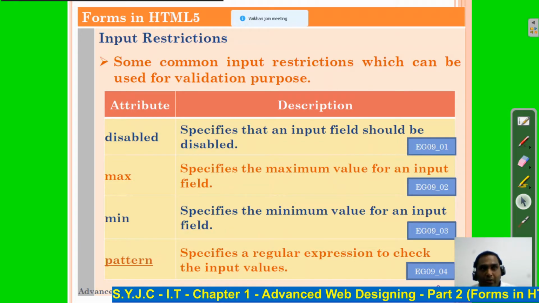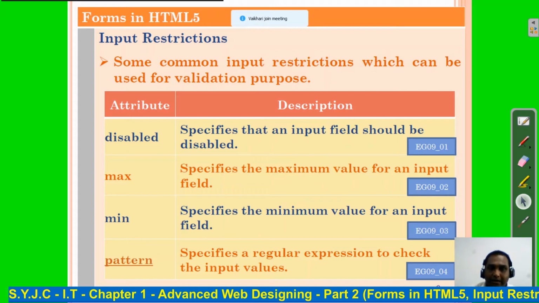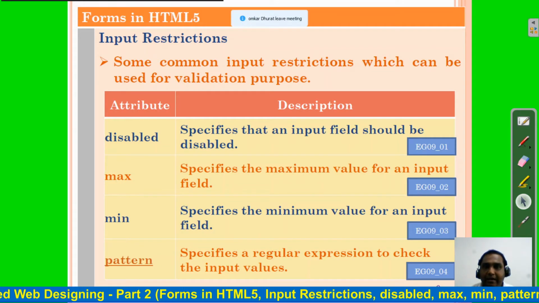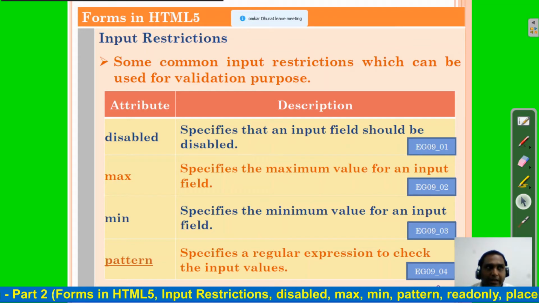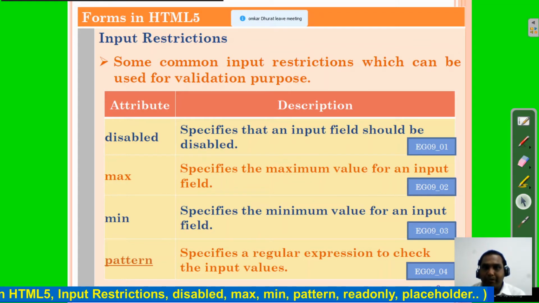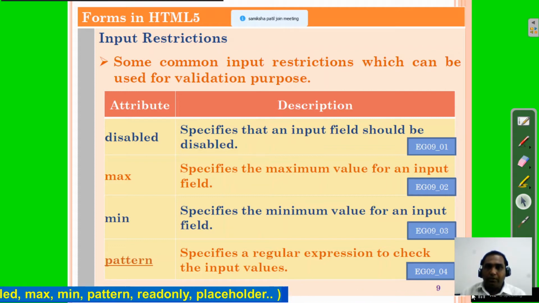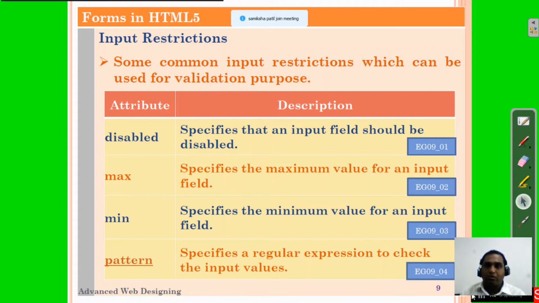And whatever has been typed, I validate it. Validate means checking. I check for the correctness of the data that has been typed into the input form, into the text box or into the form component.